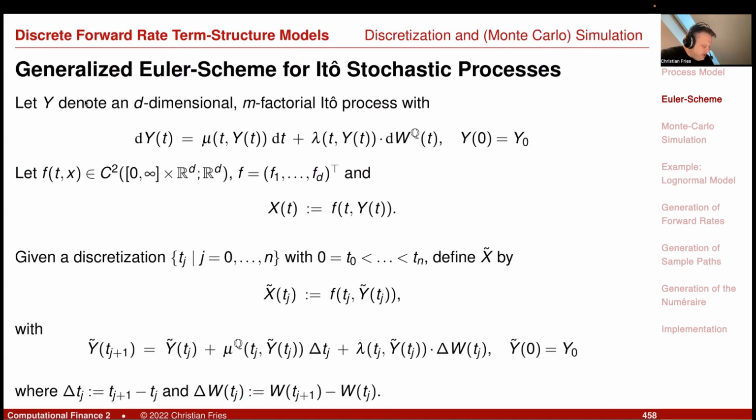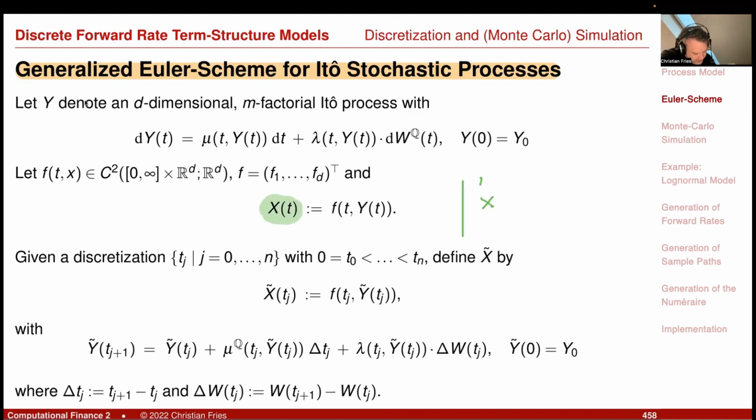So I have a generalized Euler scheme for Itô stochastic processes. Since I have a vector valued stochastic process in my interest rate model, so the vector of the Li, the forward rates, I consider this of course in vector notation. So x is the variable which we are interested in. So this would correspond to our forward rates.